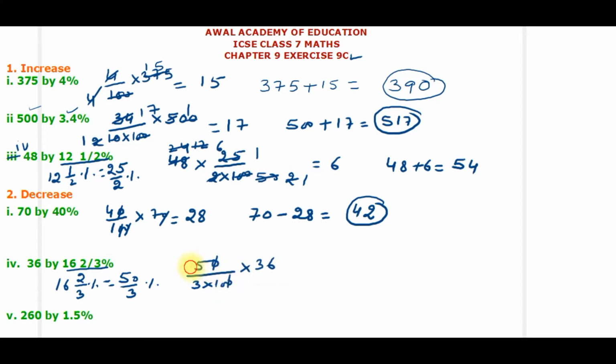This will come out to be 4. So after decrease it would become 36 minus 4 equal to 32.